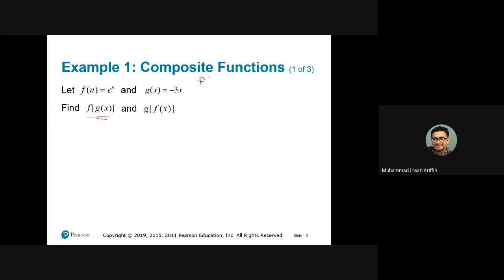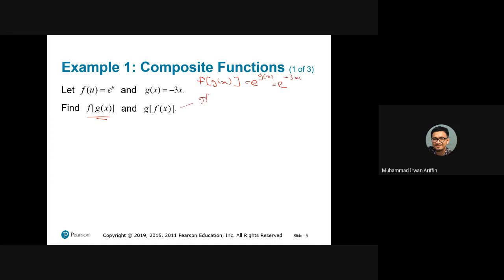This is u, so what we need to do is e to the power of g of x. We simply replace this u, whatever is in the bracket, with g of x. What is g of x? e to the power of negative 3x.